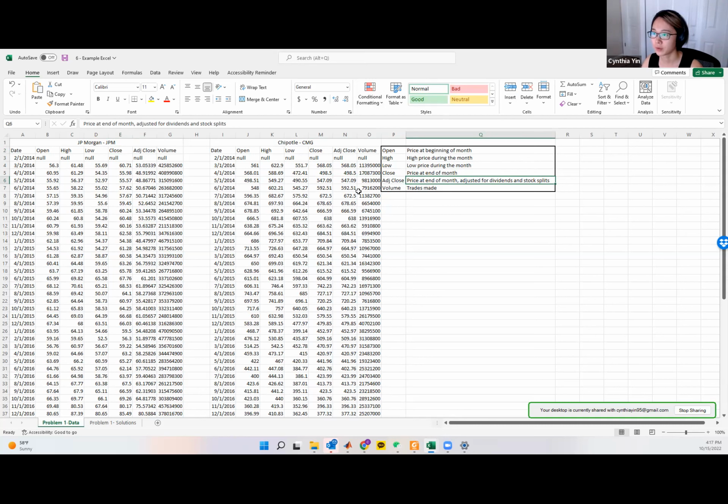For example, Apple was traded at $100, and after a 2 for 1 split, Apple might be traded at 50, but it's actually not a price decrease from 100 to 50. It's just a stock split. But if you use the raw close, like 50 divided by 100 minus 1, it's going to be negative 50%.